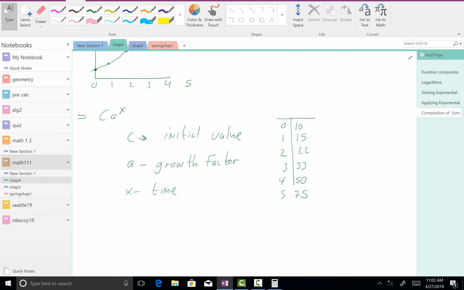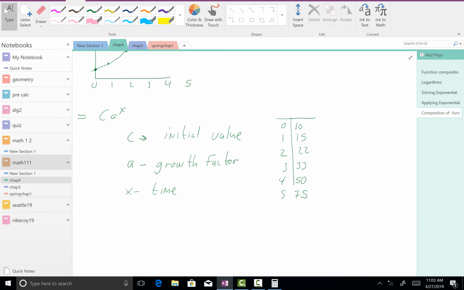And if I were to take 22 and divide by 15, I get about 1.5. And if I took 33 and divided by 22, I get 1.5. So we say that the growth factor is 1.5. So the quotient of consecutive terms is 1.5, all right?